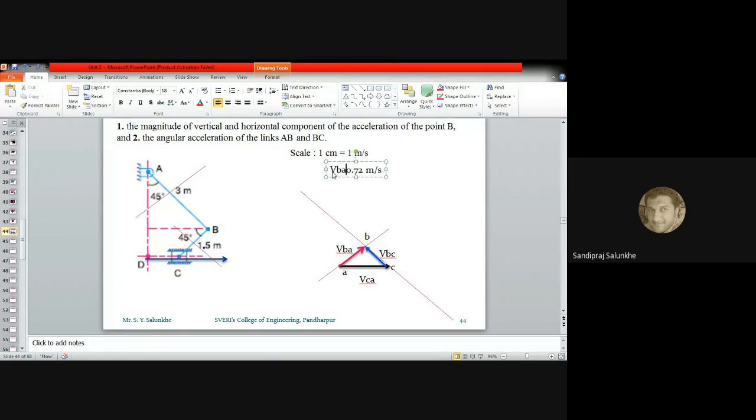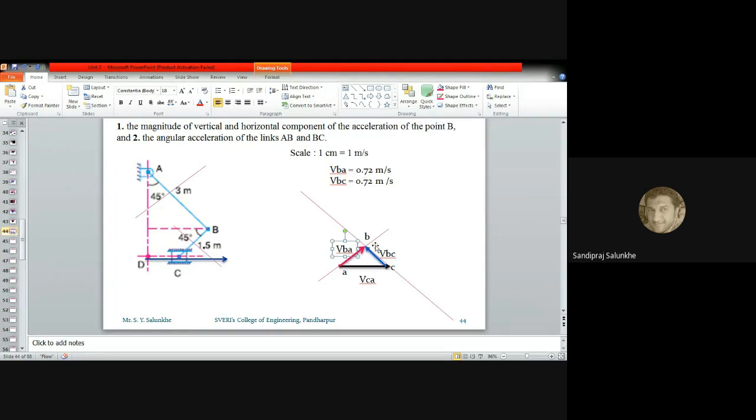Velocity of B with respect to A is equal to 0.72 meter per second, as well as velocity of B with respect to C is equal to 0.72 meter per second. दोन्ही पण वेक्टर तेवढ्याच लांबीचे आलेत आणि velocity of point B with respect to C is 0.72 meter per second.